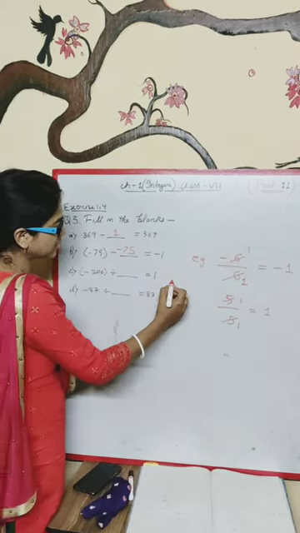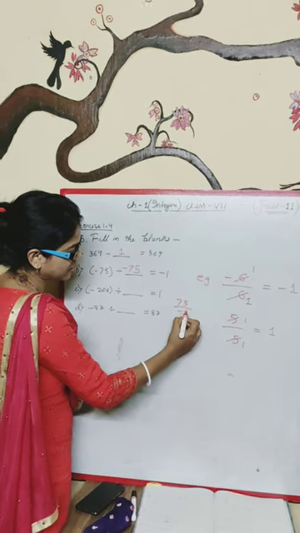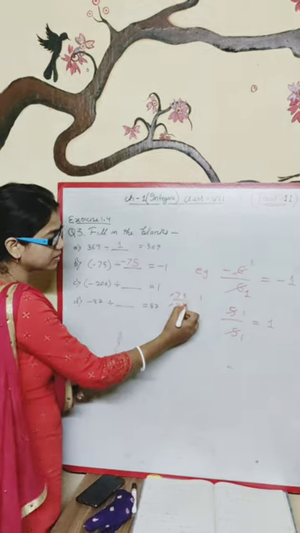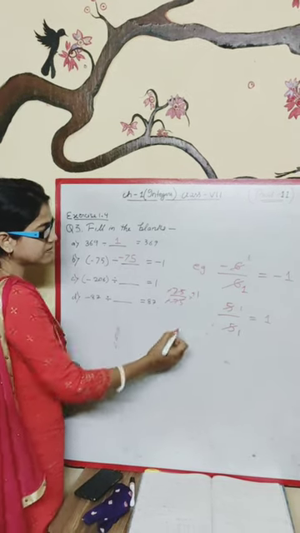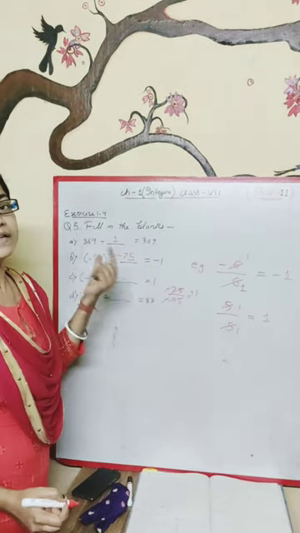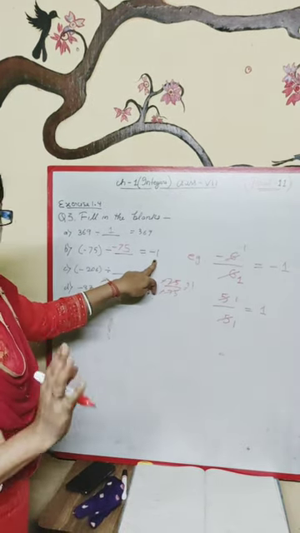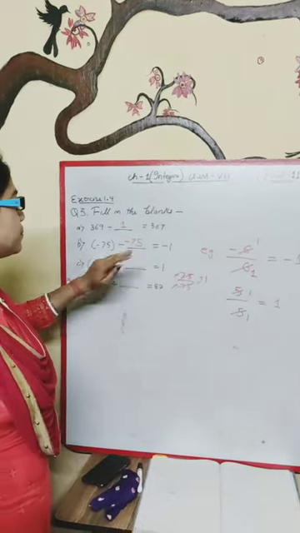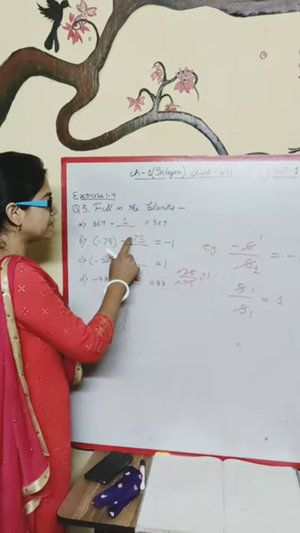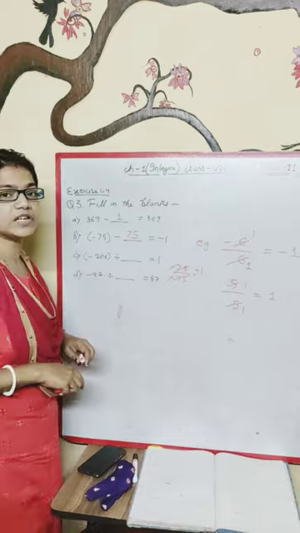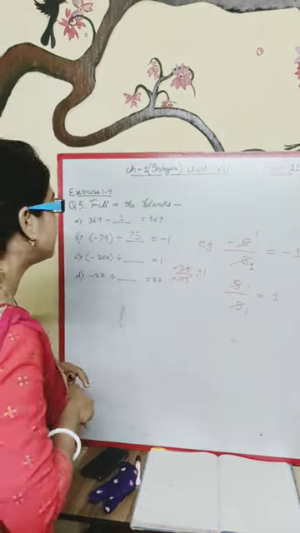This minus will cut down, 75 by 75 will cut down, and the answer will be 1, which is in positive sign. But here the answer is already in negative sign. So we should not put any sign in the given space, because the minus 75 is already in the negative part.